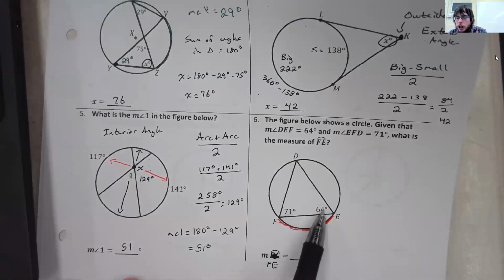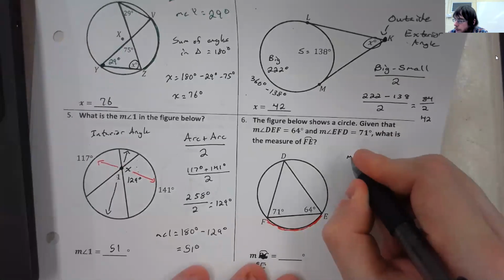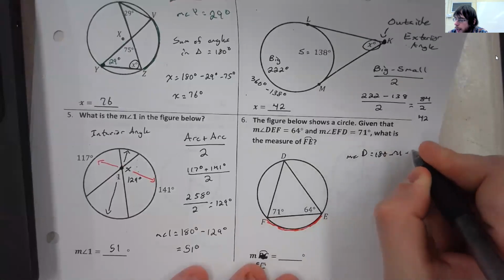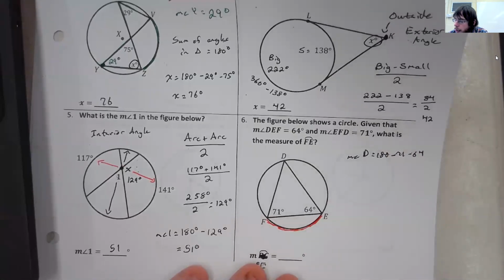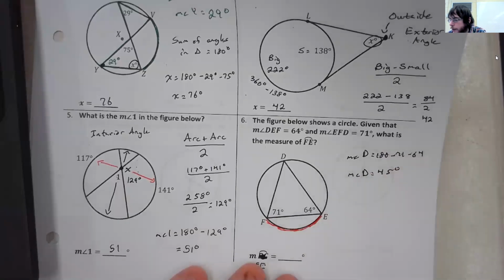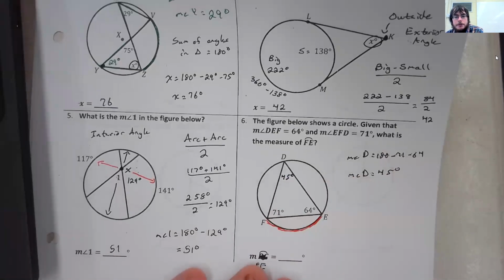So if you want to determine what your angle D is, you know that they have to add up to 180. So the measure of angle D has to be equal to 180 minus 71 minus 64. And when you find the measure of D, you get that it's 45 degrees. So angle D is 45 degrees.